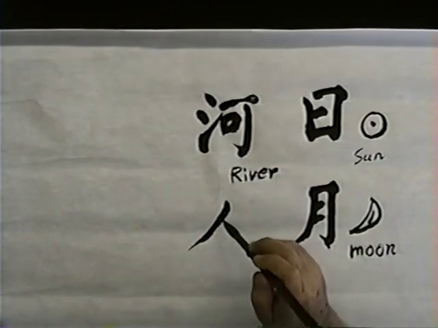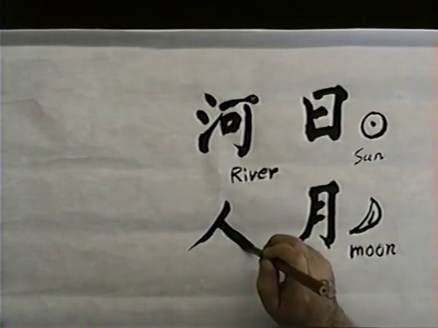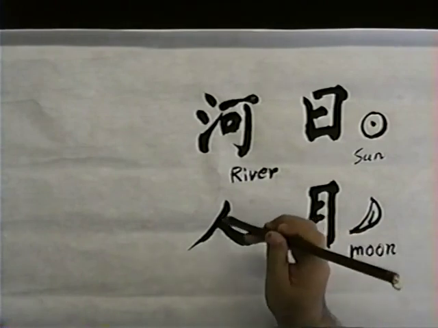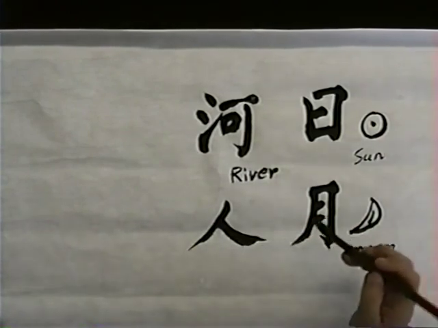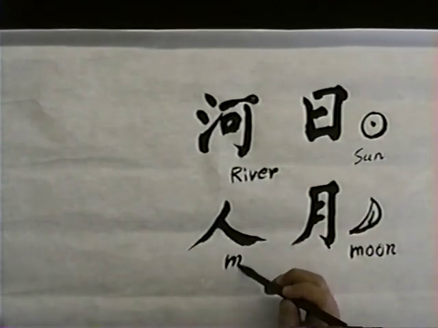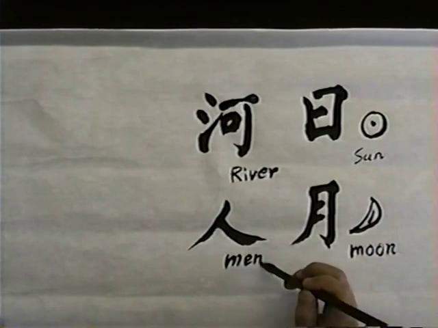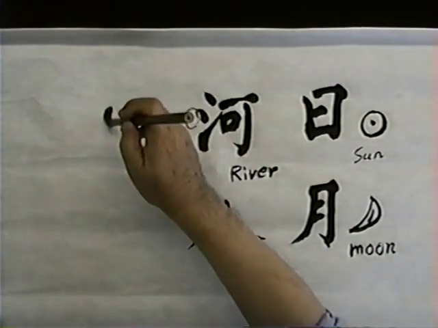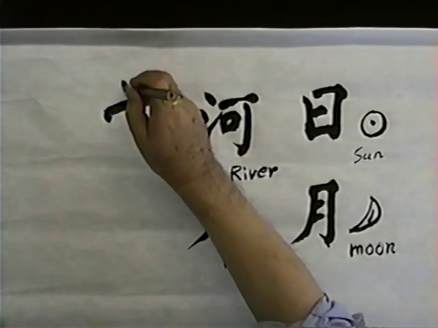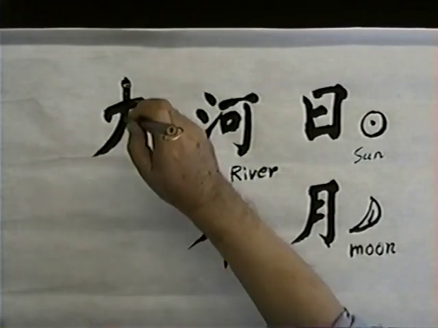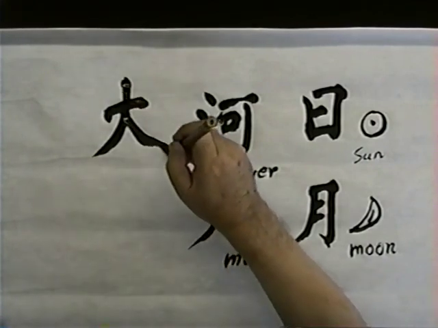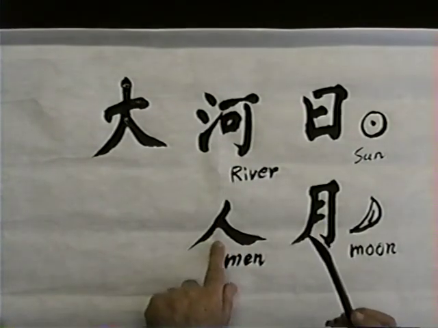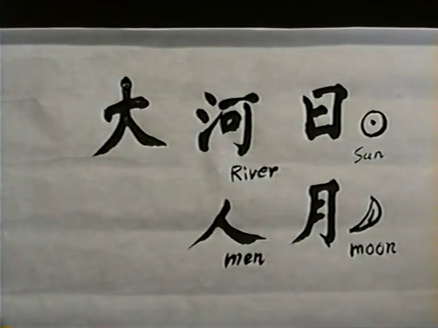Actually, it's very simple, only 2 movements. This side is a knife, this side is a boat. The meaning of this word, man or men, yeah. And here, another character. It's the same as this, only with 1 horizontal line.